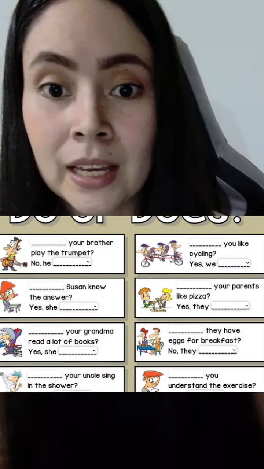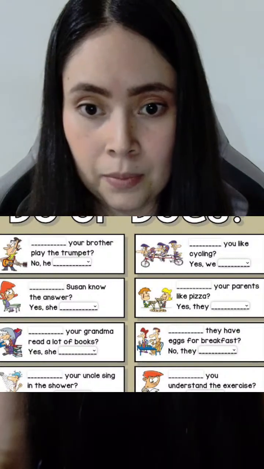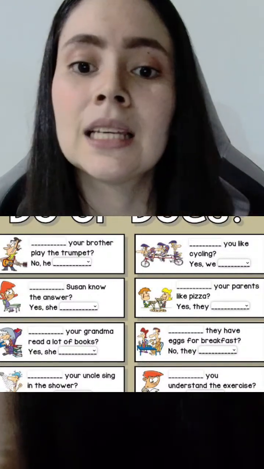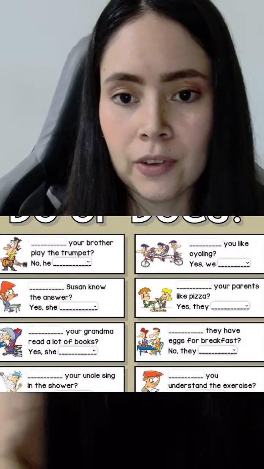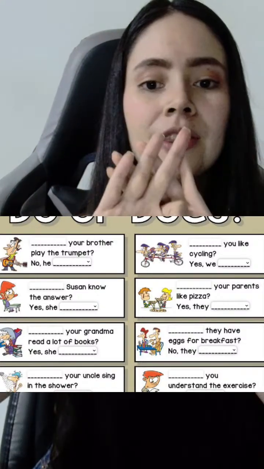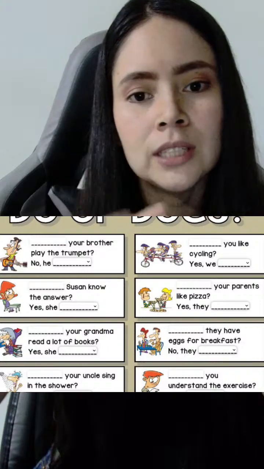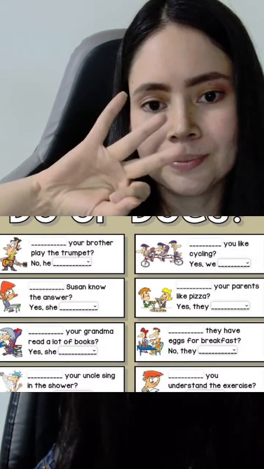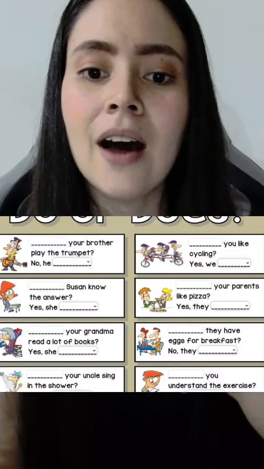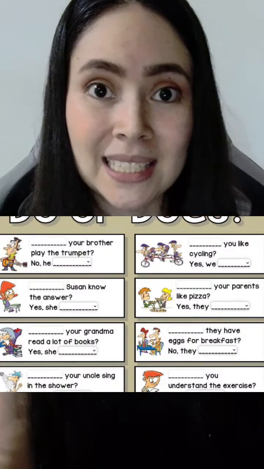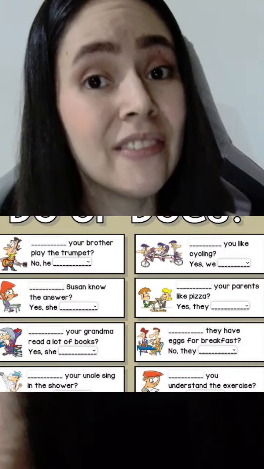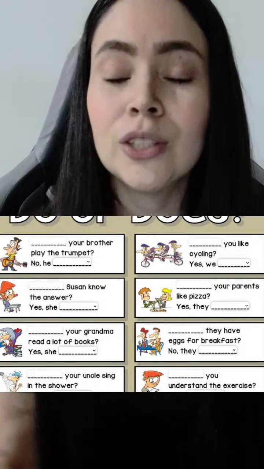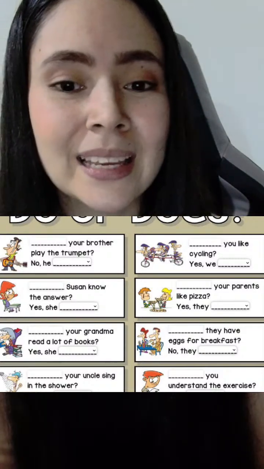Okay. They. So here we have the example. On the right side, the third one. They have eggs for breakfast. So we say, they have eggs for breakfast. What is the auxiliary to start the question?